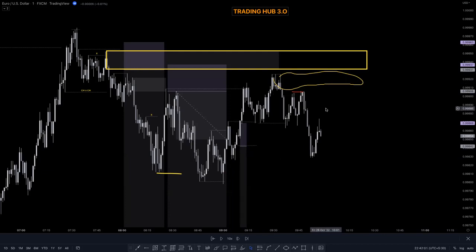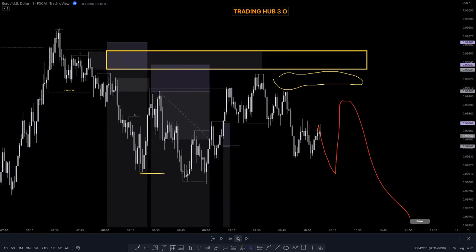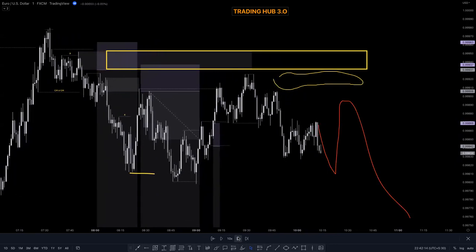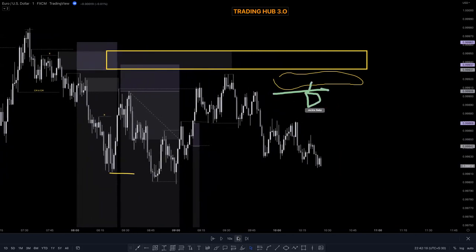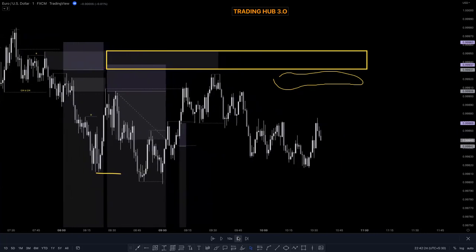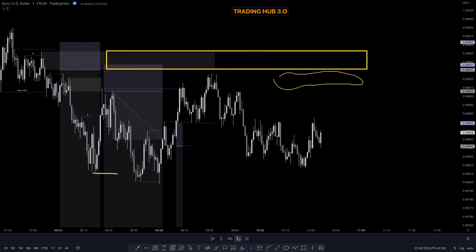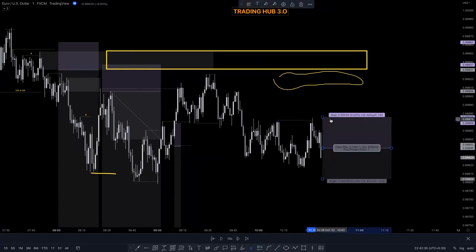Yes, there is not a clear picture here for the sell or buy anything. So I think we should wait here. Okay, nice. Okay, break this high. Now you can take risk here.